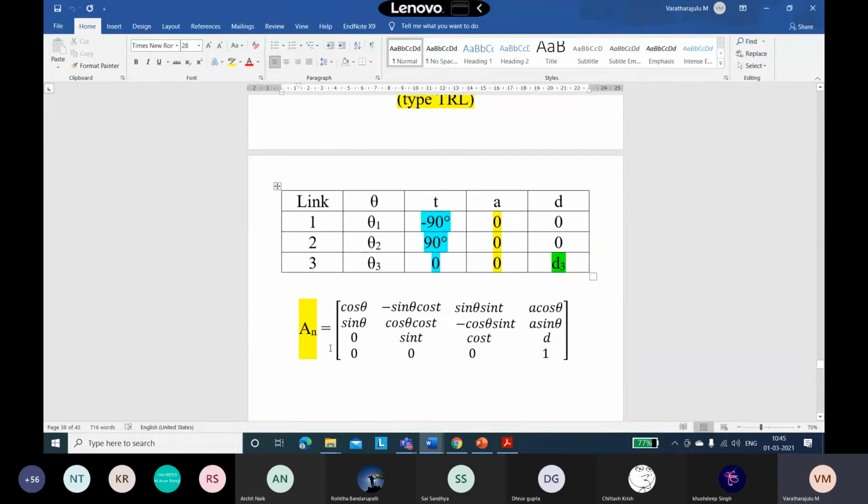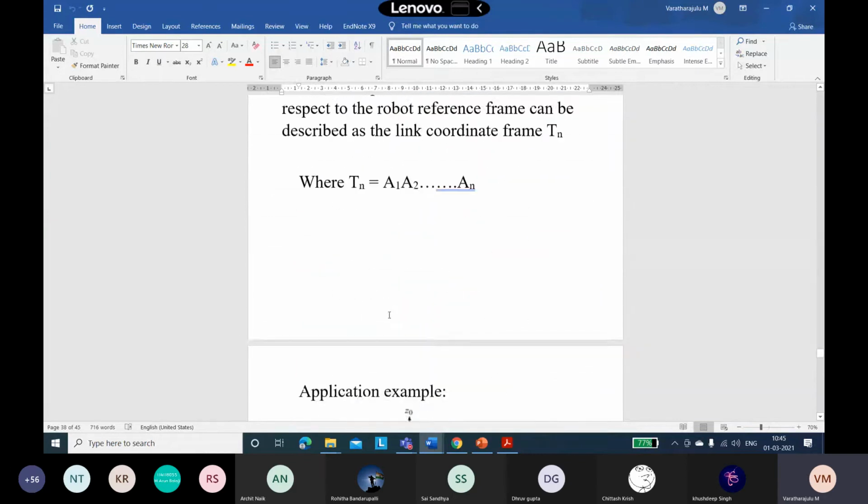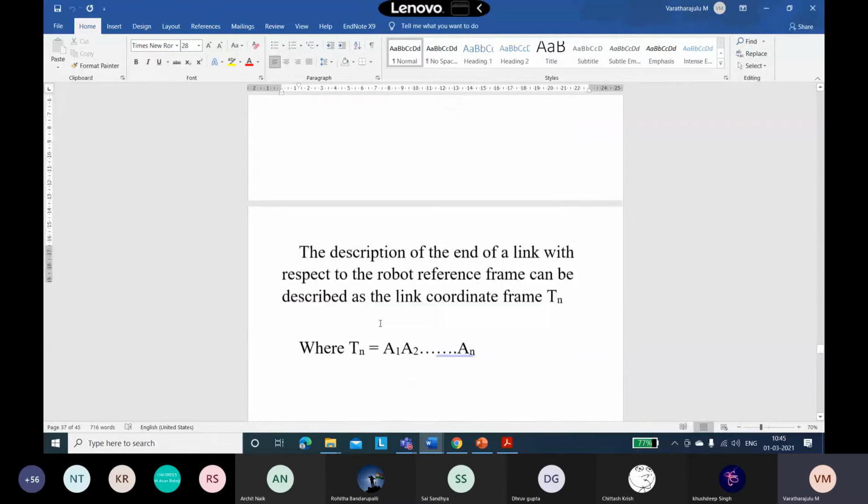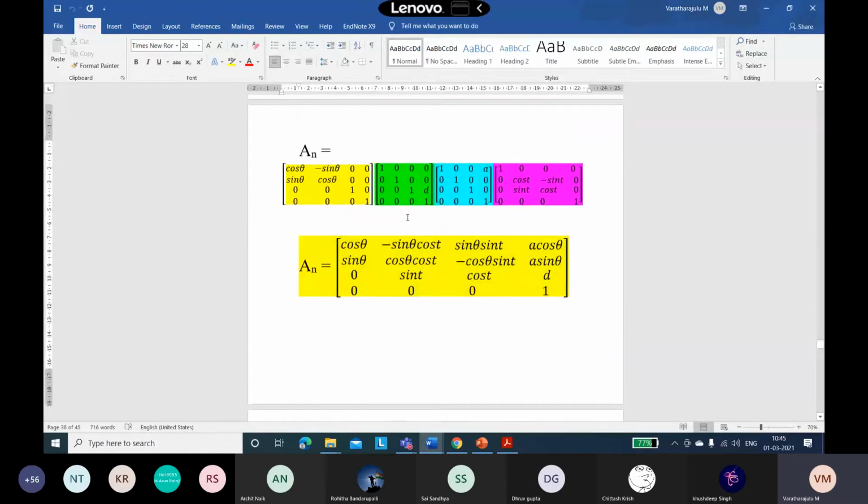Therefore the consolidated matrix An is the matrix which we derived in the last derivation, by multiplying these 4 different matrices. There are 4 different unknowns: theta, alpha, a, and d.